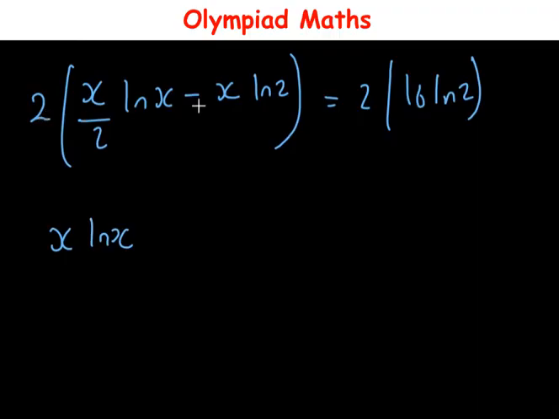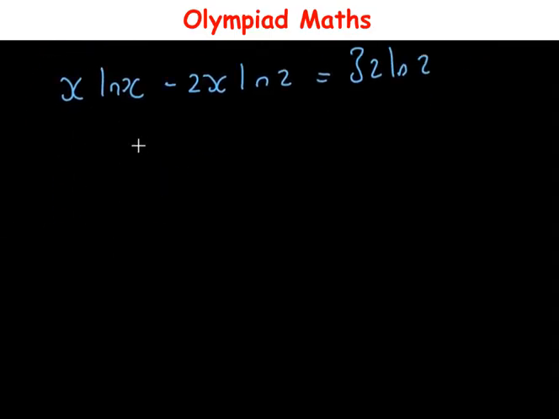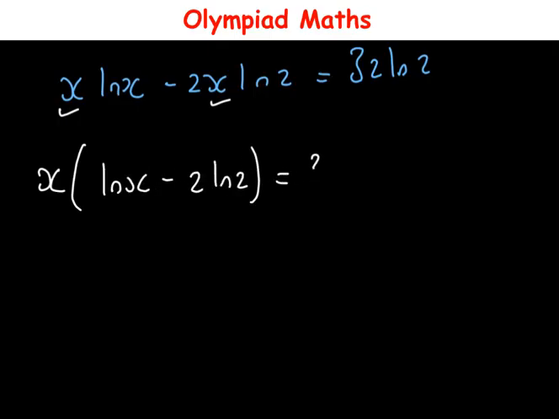Then 2 times minus x ln 2 will become minus 2x ln 2 equals 2 times 16, 32 times ln 2. Now, from here, we have a common factor, x. So factorize out x. We are left with x times (ln x minus 2 ln 2) is equal to 32 times ln 2.